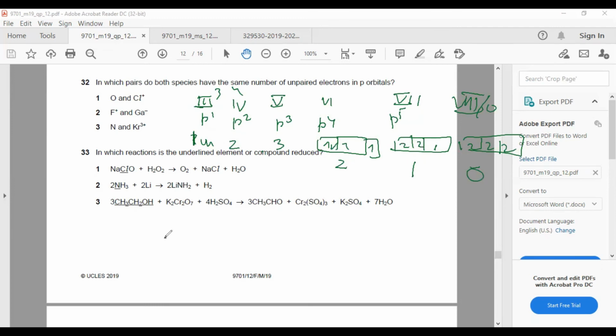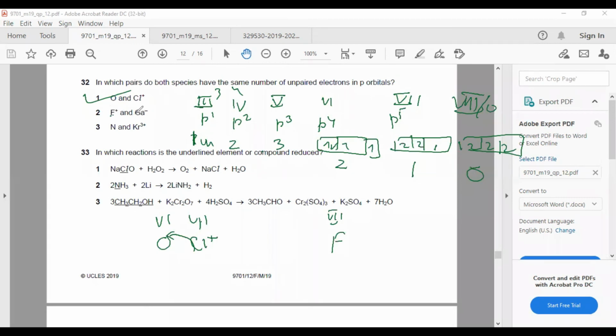Oxygen is in group 6. The old grouping with Roman numerals is easier for this question. Chlorine is group 7. Chlorine plus is similar to oxygen, 6 electrons, so they have the same number of electrons. F is in group 7, F plus means group 6. Group 6 has 2 unpaired.